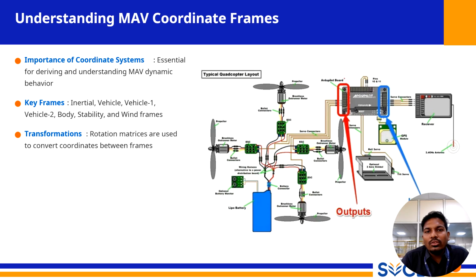They are absolutely essential for deriving and understanding the MAV's dynamic behavior. Without a rigorous framework for defining where the drone is and how it is oriented, we simply cannot write the equations that govern its flight.